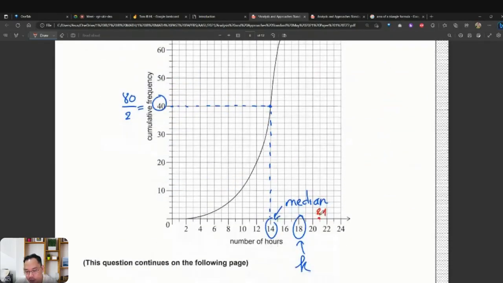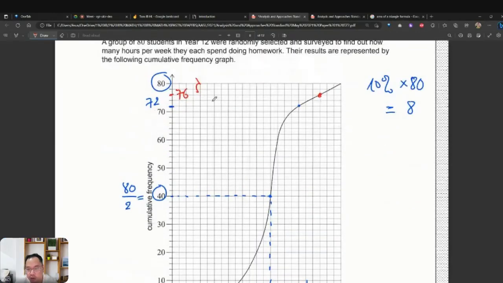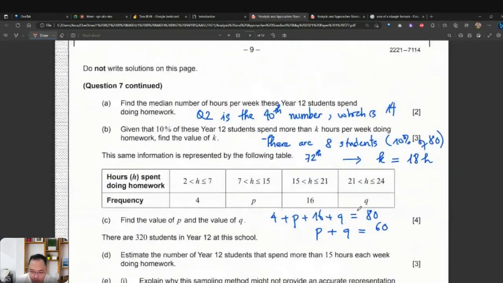Just read the graph. Just read directly on the graph and give the number, which is Q is 4. And P, you can do it similarly.